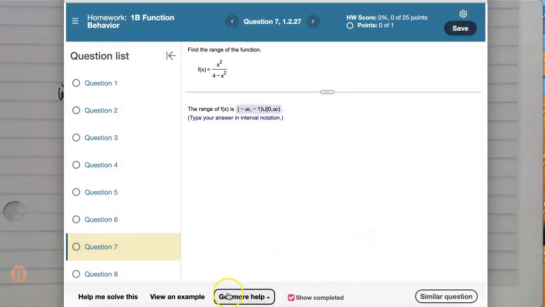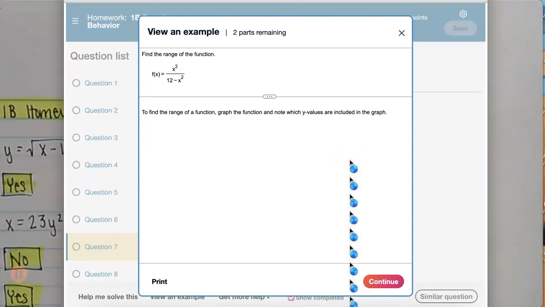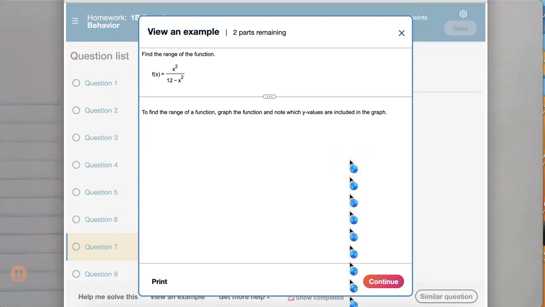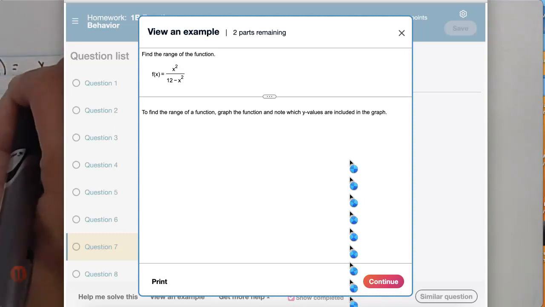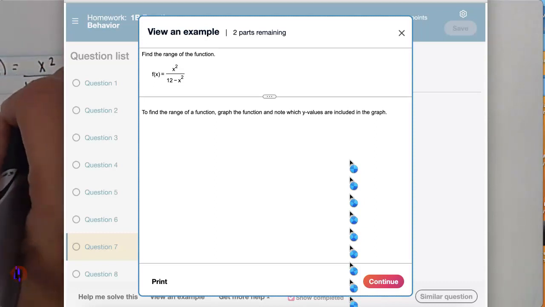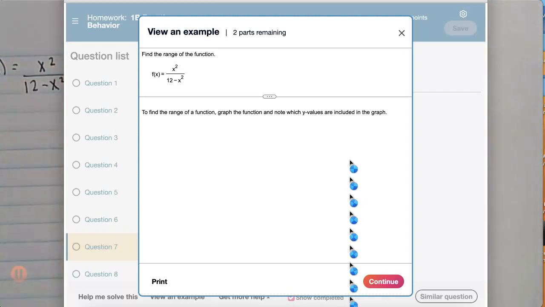All right, number 7. Go on to another page. Okay, for number 7, we have f of x equals x squared over 12 minus x squared. So they don't want the domain this time. This time they want the range.